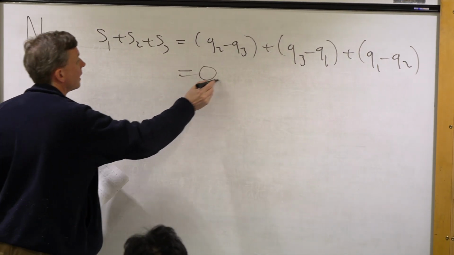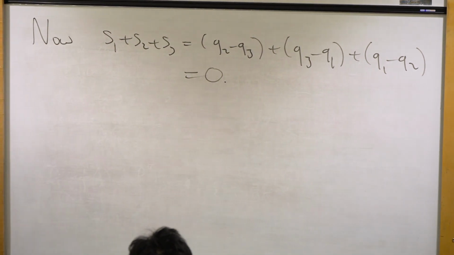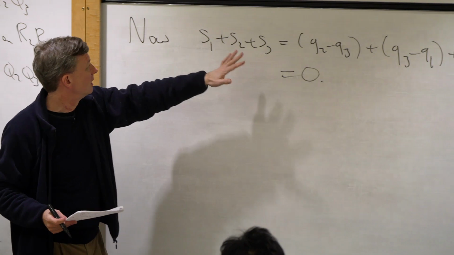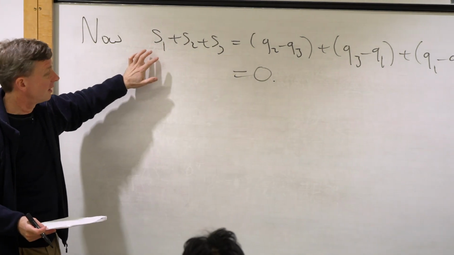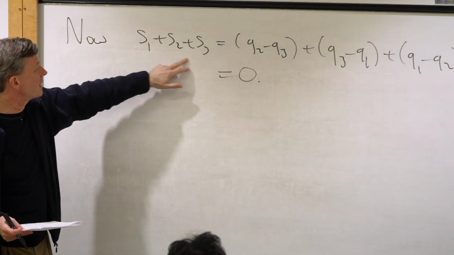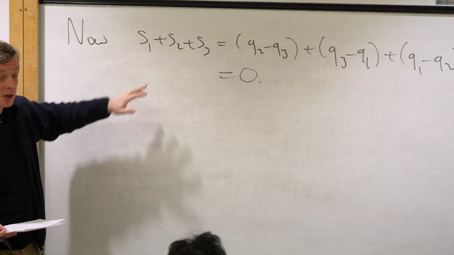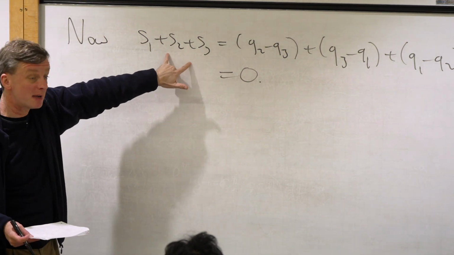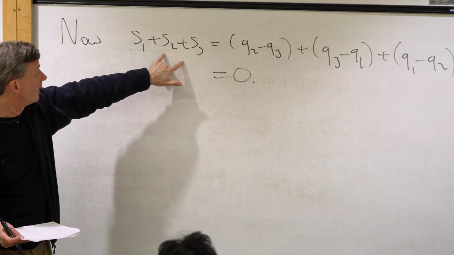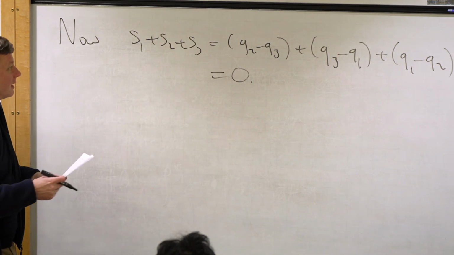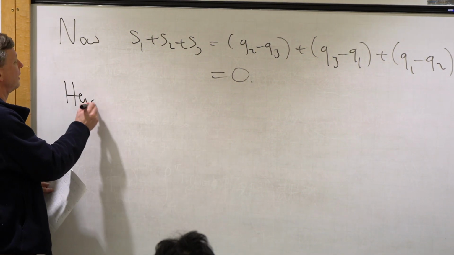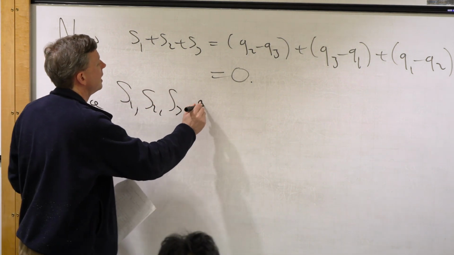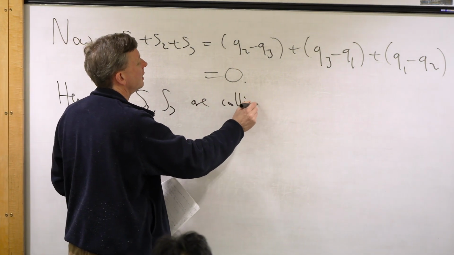So those three points are linearly dependent. In fact they are also distinct up to scale, so they generate a two-dimensional vector subspace of our vector space, not a three-dimensional one. So they lie on a line. Hence big S1, big S2, and big S3 are collinear.